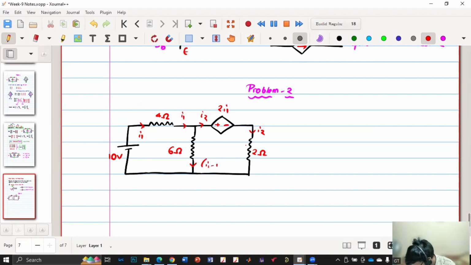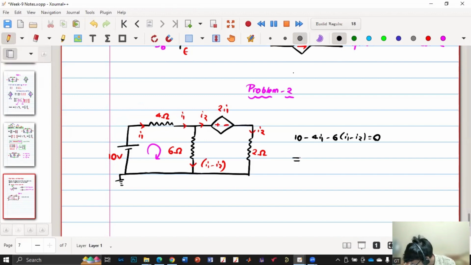So now we'll apply KVL in this loop. Starting from here and traversing the network in this way: plus 10, minus 4 I1, minus 6 into (I1 minus I2), minus 2I1, equals 0.